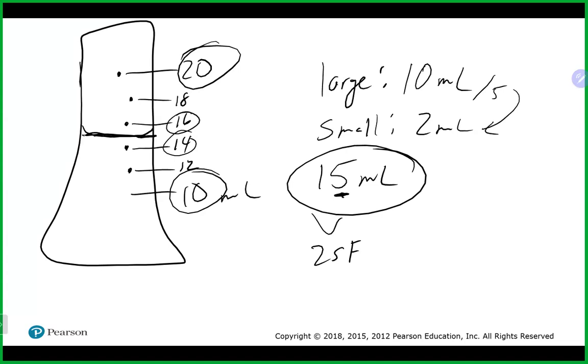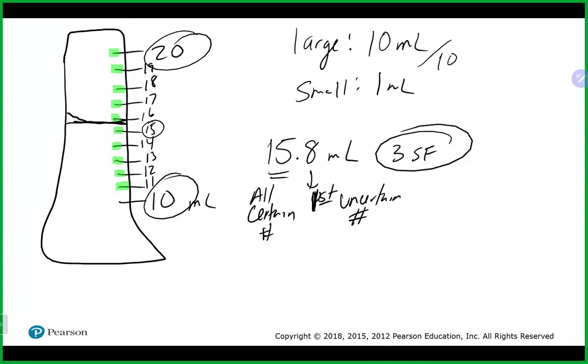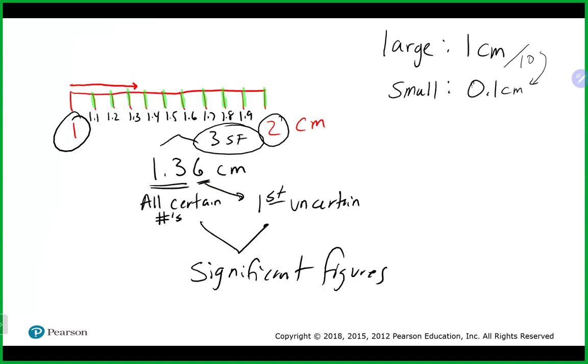This is an example where you can't do that. But here, smallest marking was 1 milliliter. We could go one more place to the right to take the actual measurement. On our first one, smallest marking was the first decimal place. We could take the reading to one more place to the right of the smallest marking.